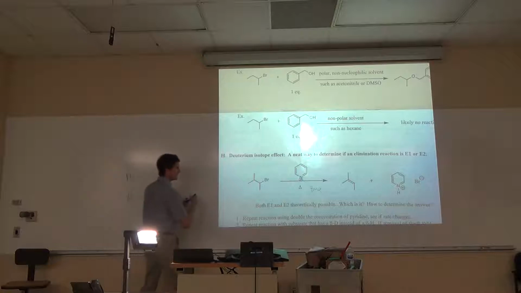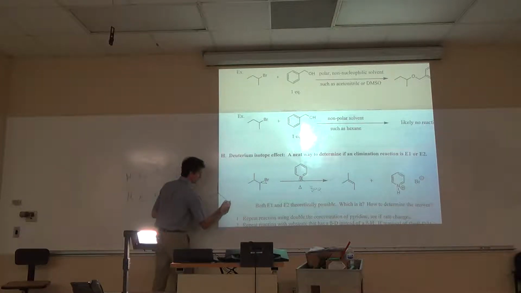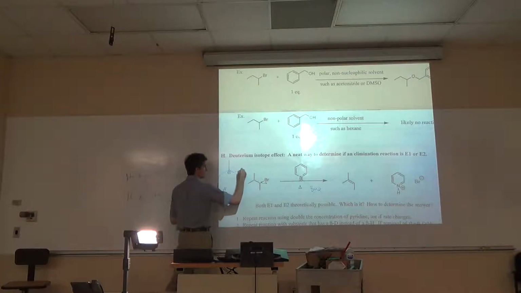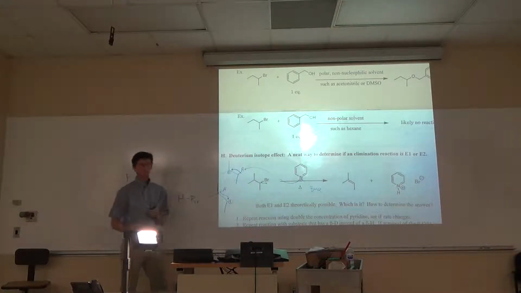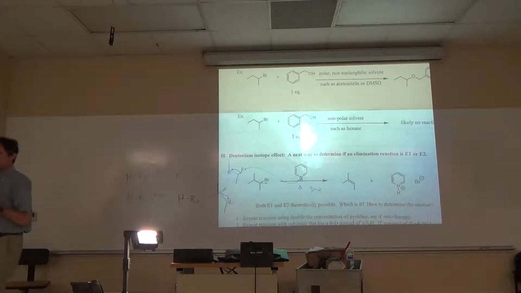Yeah, but you can still get that product, because if this ionized, you can get this, then you can do a hydride shift, and that would just give this. Pyridine could then take the H, and then the electrons move in. And we did essentially an E1, carbocation.